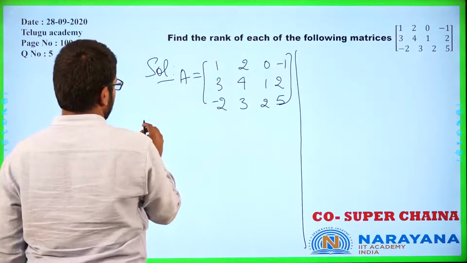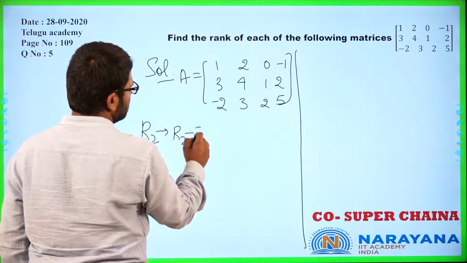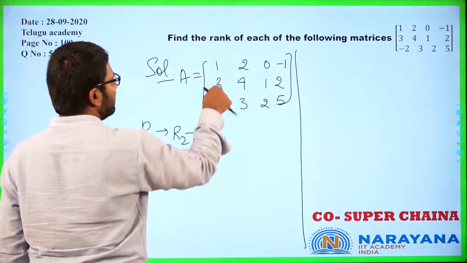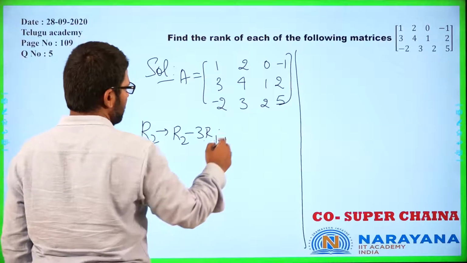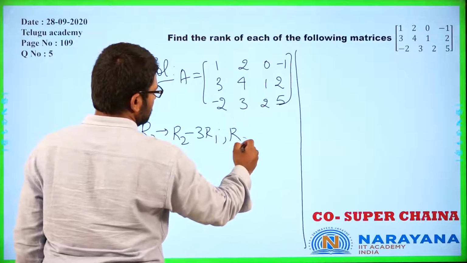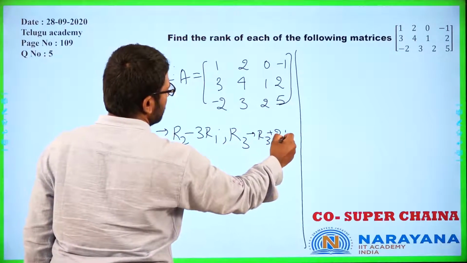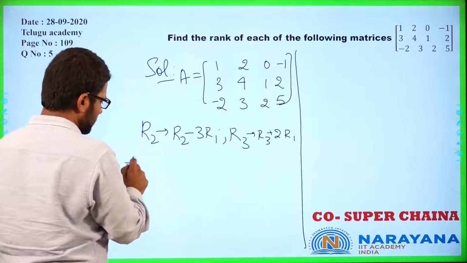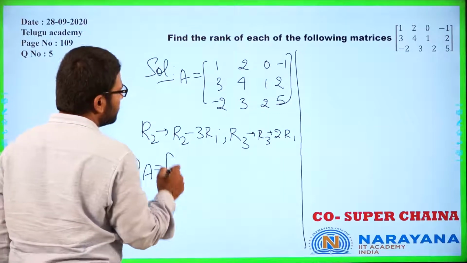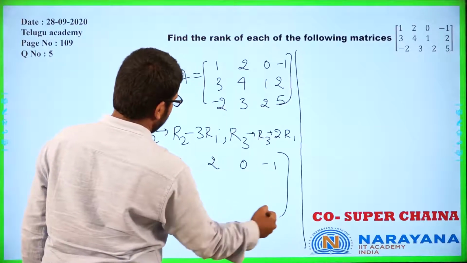So, take R2 goes to R2 minus 3R1, correct? That way we will get 0 here. And R3 goes to R3 plus 2R1, in which case A would be 1, 2, 0, minus 1.